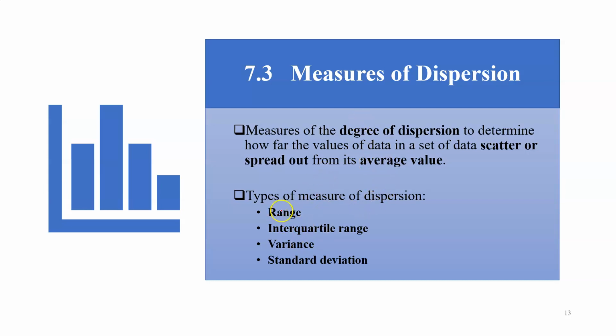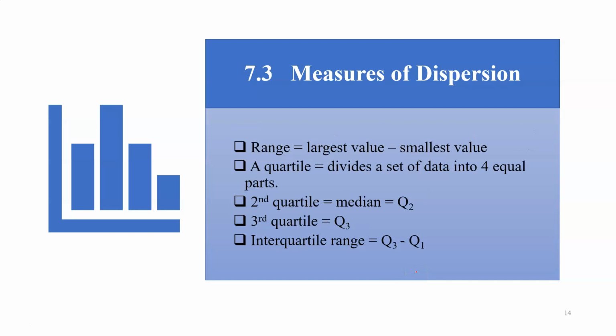Okay. So these are the types of measure of dispersion. You have range, julat, interquartile range, julat interquartile, and then you have variance and standard deviation, sisihan piawai. So you have four for measure of dispersion. So this is how you're going to find each of these.